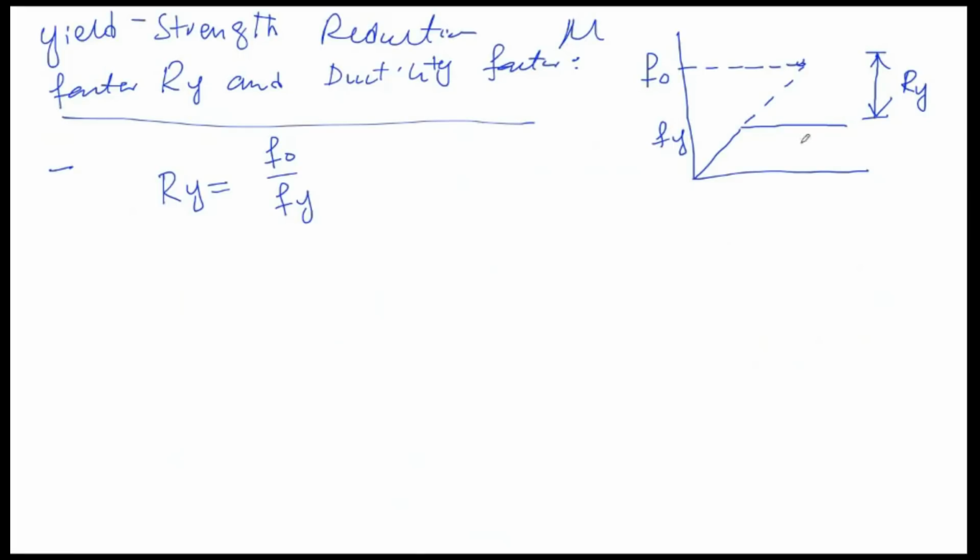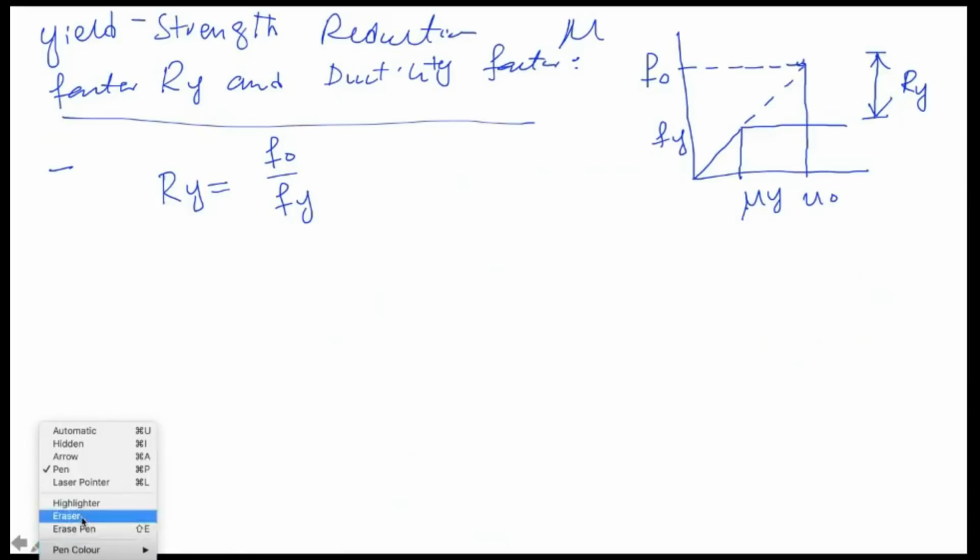If you look at this, this is the yield displacement that we know, and sorry, this is the displacement u naught. This is not u, but this is the displacement. This is uy, which is the yield displacement.